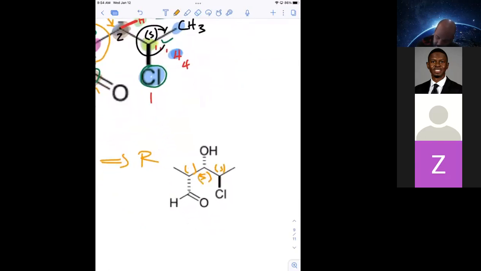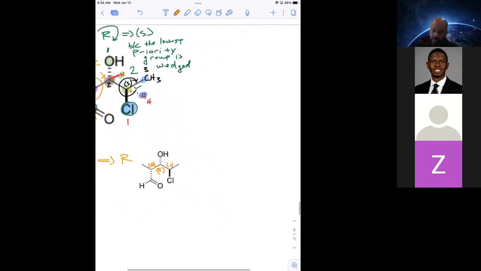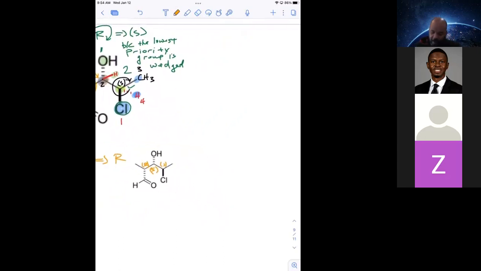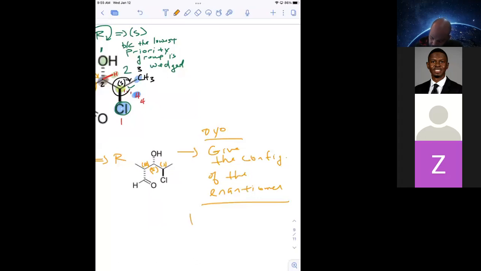This is S, R. So what I want you to do before you come back on Friday, and we can talk about it right at the beginning because we're going to start another topic Friday, is give the configuration of the enantiomer and draw 2 diastereomers.